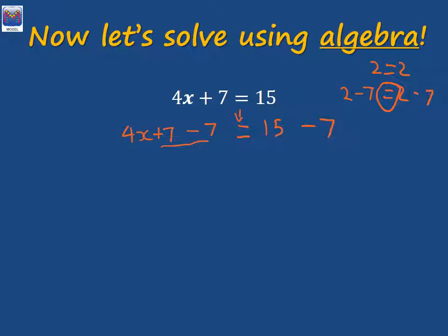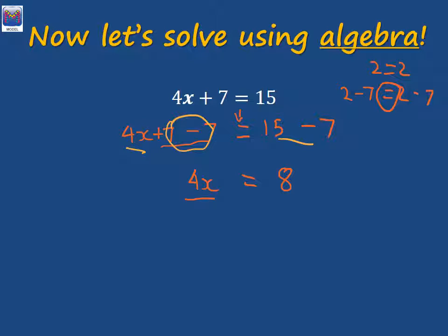So on the left hand side, all of this here cancels out and I'm only left with 4x. On the right hand side, I can work that out: 15 minus 7 is my 8. Now I want to get rid of the 4 in front of the x, so it's a 4 times x.